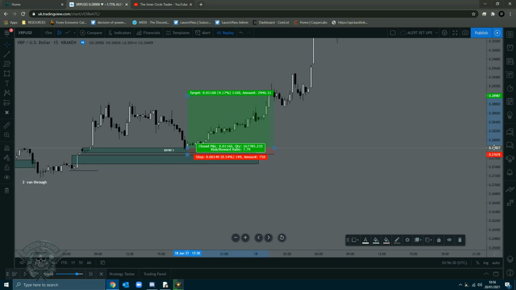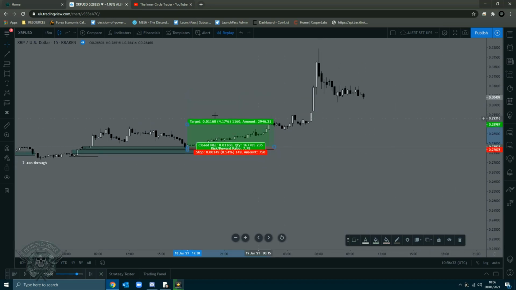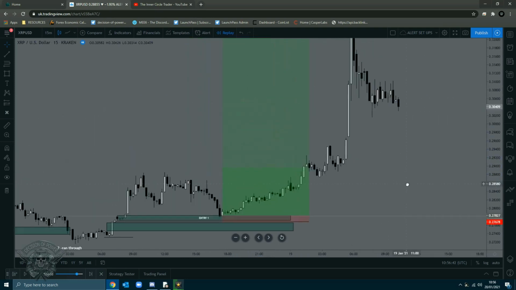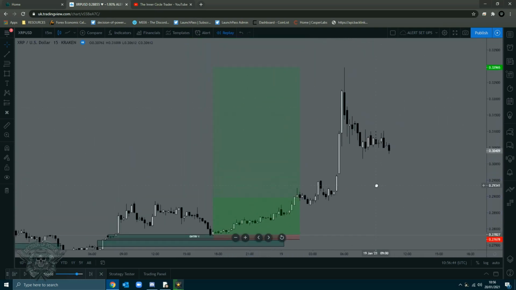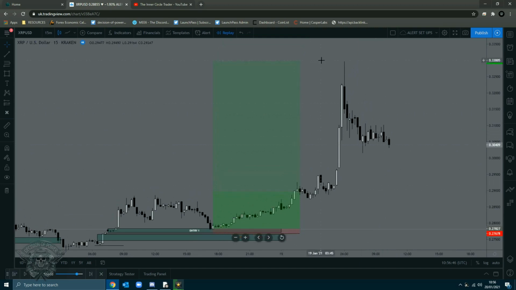Okay, and as high as the market did go, let me see. So the peak of that first push would have been a 34.48 to 1. Okay, so if you're risking 1% on that trade, that would have been a 34% gain on your account.